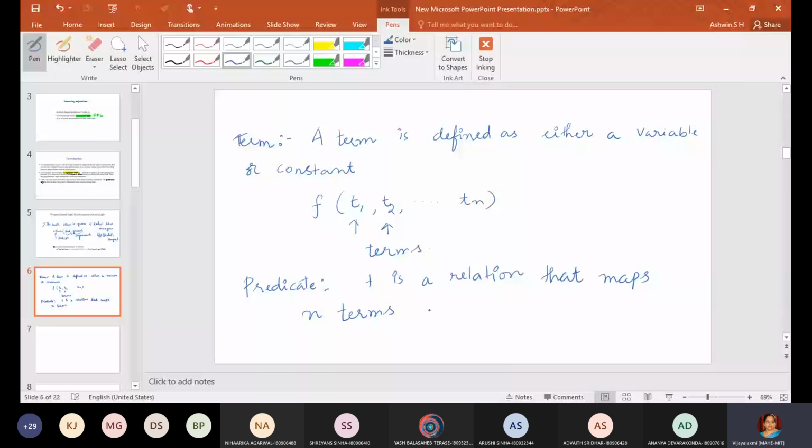Whatever I have represented in my previous slide, like in brackets Rahul comma mangoes, here likes is a predicate word.